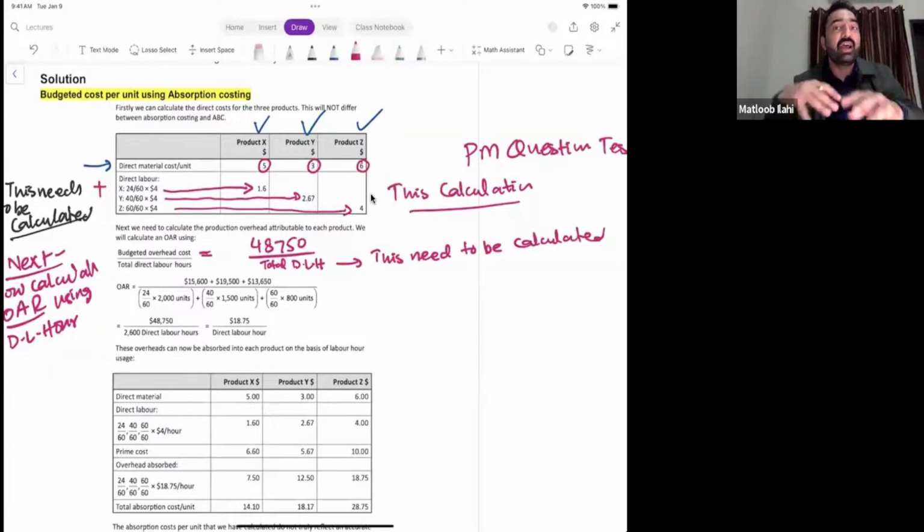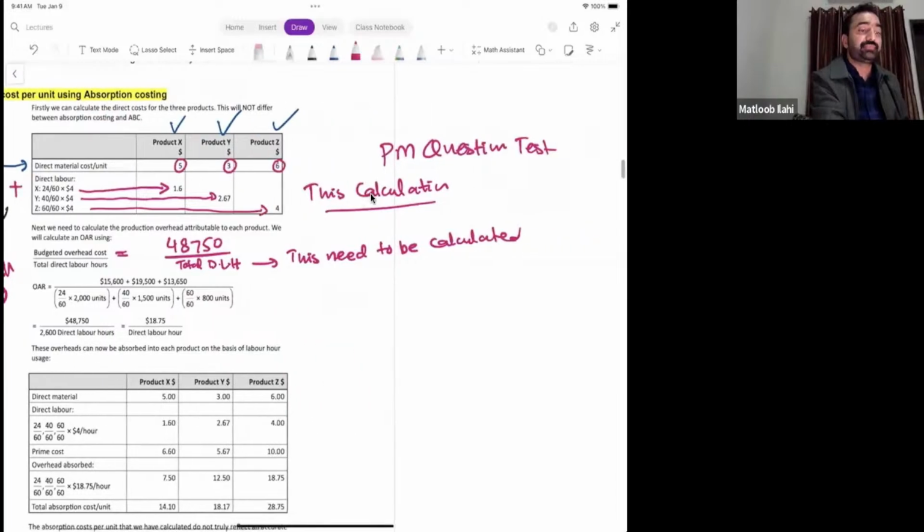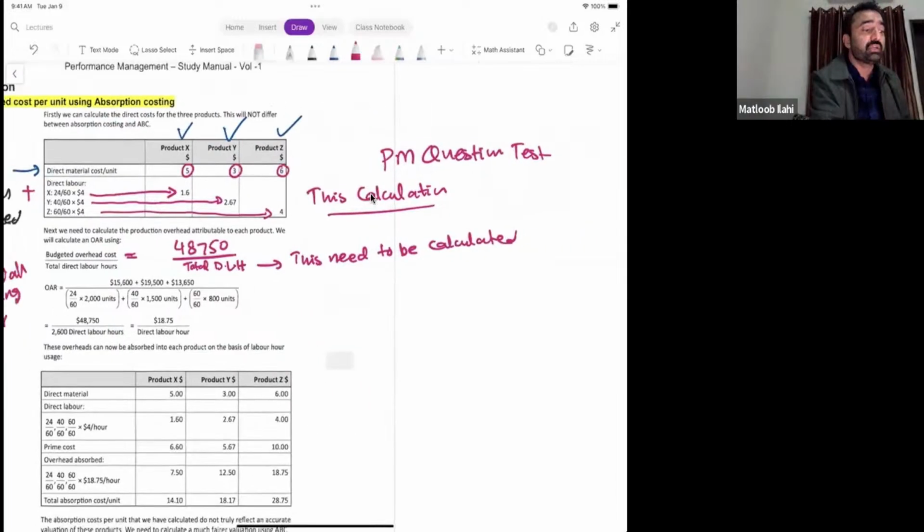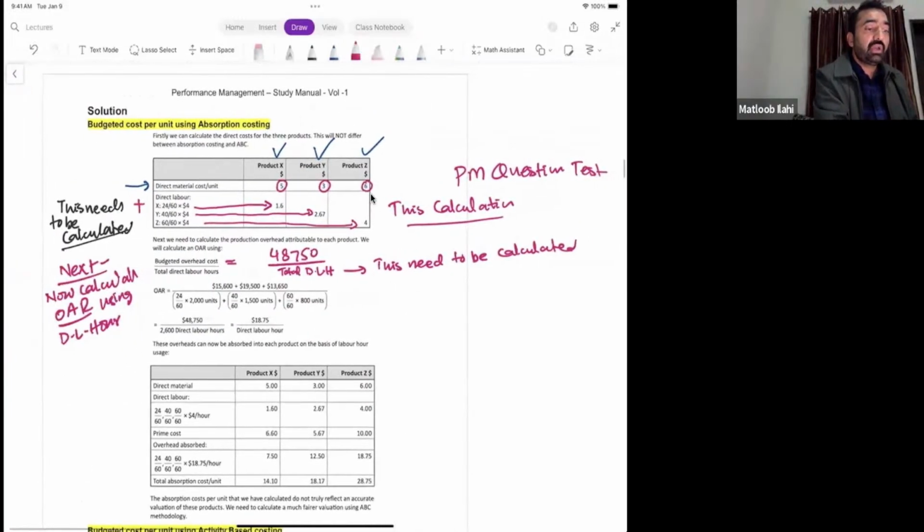Okay, that's why I am emphasizing a lot on this to build your base so you should not get stuck. So these calculations should be simple for you. Okay, this needs to be calculated. So how to calculate? Here is the calculation. Three products are there. You need to calculate total hours for each product.